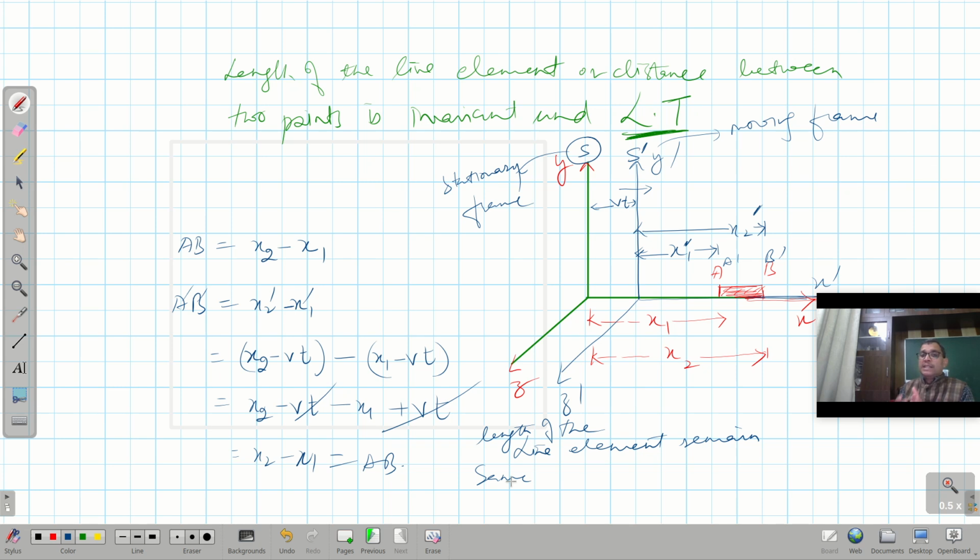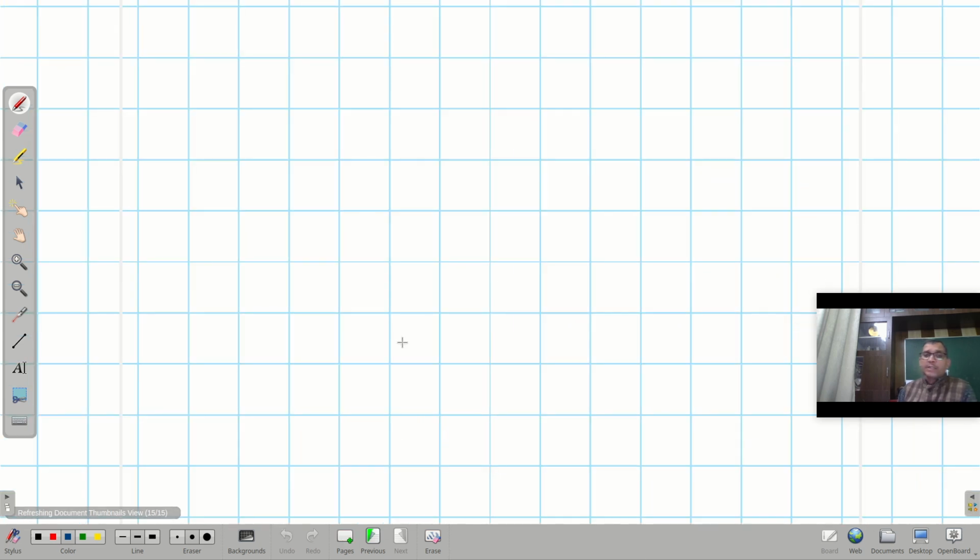It means that this is invariant under Galilean transformation. So what conclusion are we drawing? That it is invariant under Galilean transformation, right?